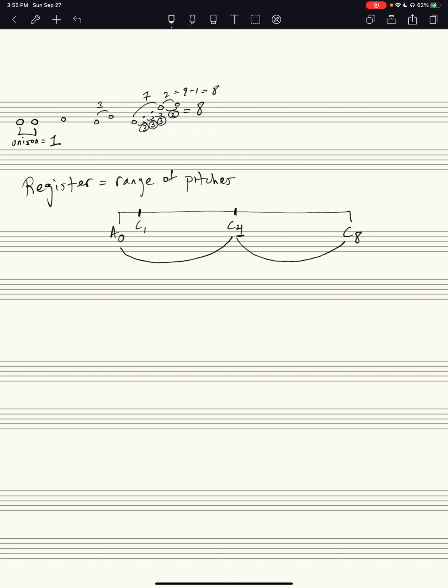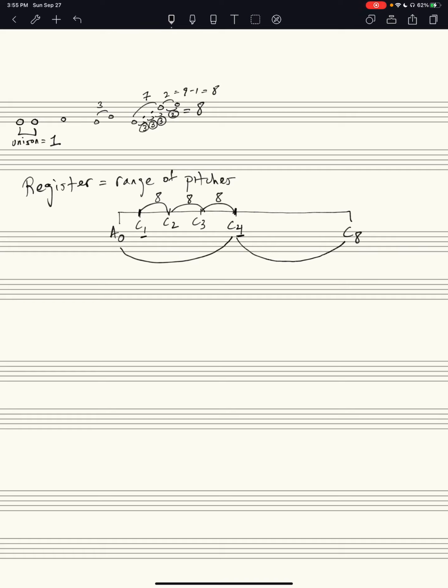Because I have an octave designation for C4, obviously another one for C1. 4 minus 1 is 3. That's how I know. If you need the extra visual reinforcement, C2, C3. This is 1 octave, this is a 2nd octave, and this is a 3rd octave, right? So that's pretty easy to figure out, right?